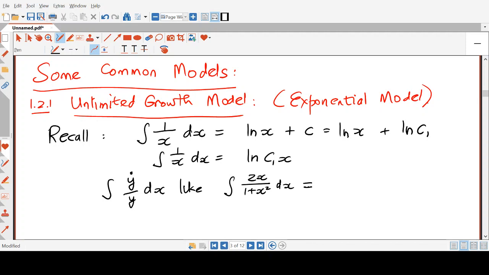Well, the derivative of the denominator is actually the numerator. The derivative of the denominator is 2x. You guys have done this in first year. I expected you to rattle this off. What's the integral of that? Isn't it ln of 1 plus x squared plus c, if you like?